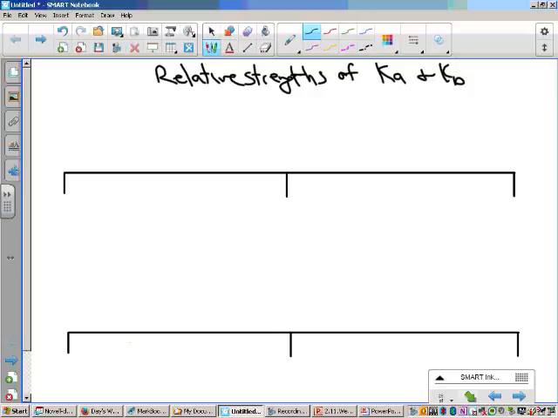And I've essentially got two scales that are supposed to be like a pH scale, but they're not a pH scale. On the top scale, I'm going to write Ka values, which means I'm going to be dealing with acids.